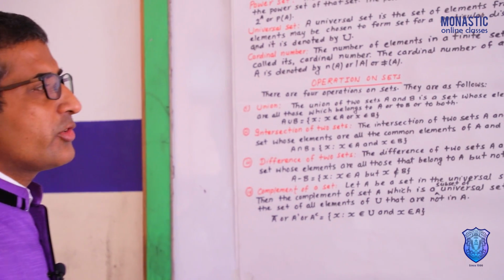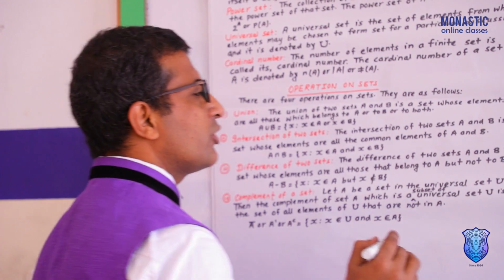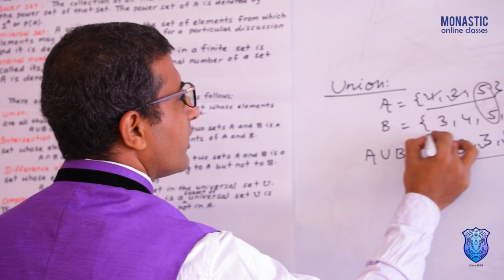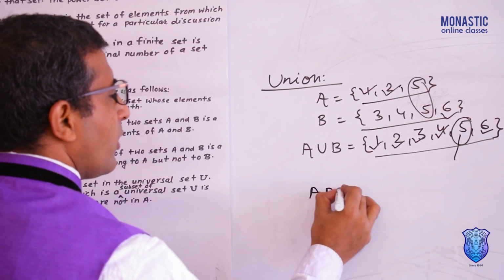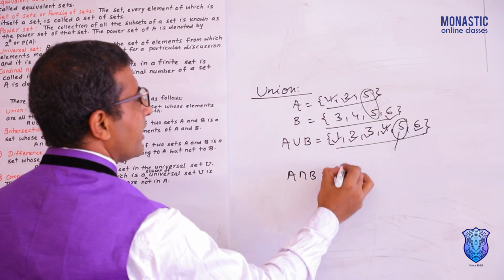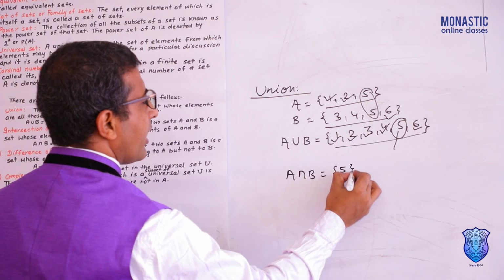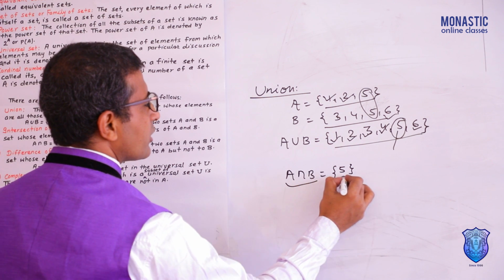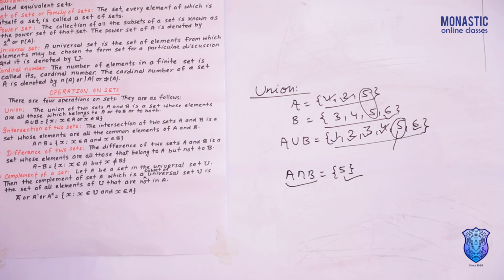The second one is intersection. For intersection, we have to take the same sets and ask what the common element in these 2 is. The common element in these 2 sets is 5. So A intersection B is {5}.